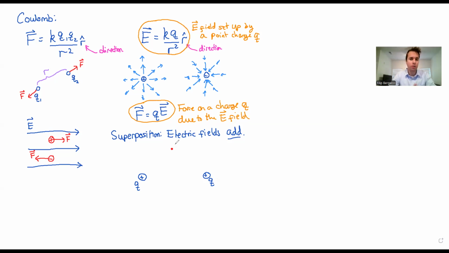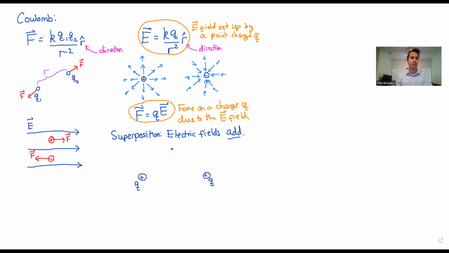So take a moment just to think, and I encourage you to pause the video for a second and think about this. What would the direction of the electric field be at that point due to that pair of charges? Now that you have something in mind for what you expect, let's check.